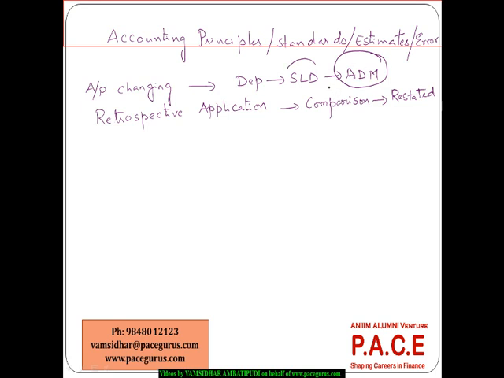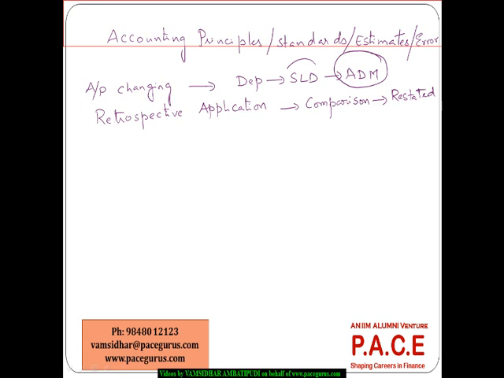So it has to be applied retrospectively to the past year's financial statement also, and the whole financial statement needs to be restated. That enhances the comparability. Otherwise some numbers unnecessarily go up or unnecessarily go down just because of a change in the accounting principle.